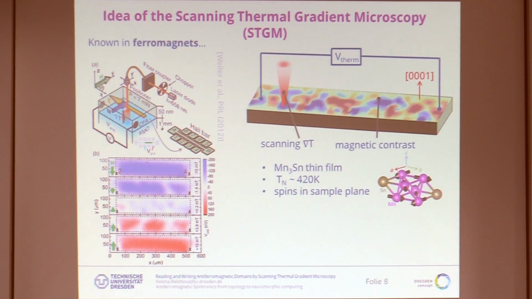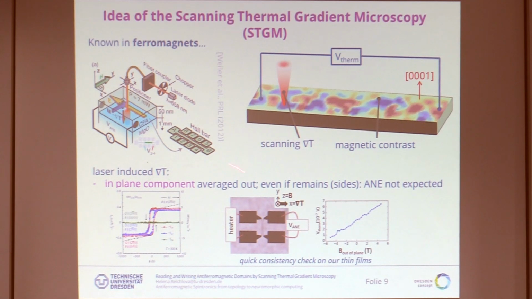So, how to use this in our non-collinear antiferromagnet? We had our films with the c-axis out of plane. It's again this famous material with the Néel temperature around 420 K. And then we are scanning over the sample, and we are hoping to detect the contrast. What is the laser-induced gradient actually looking like? Obviously there will be some in-plane component. The in-plane component in the middle of a perfect single domain material would be averaging out.